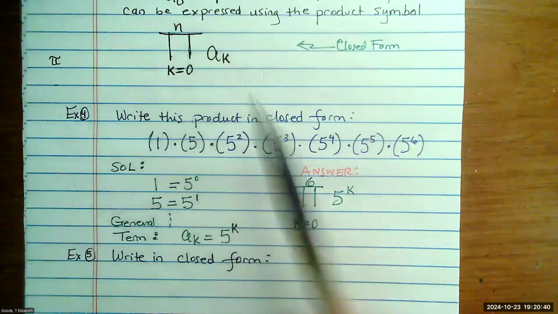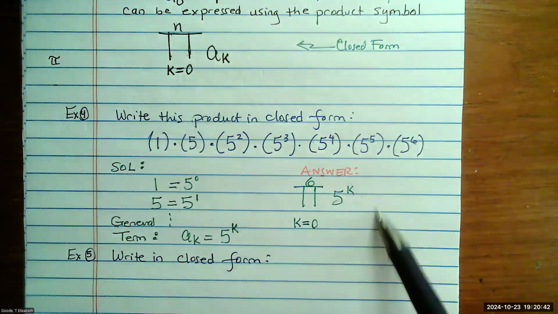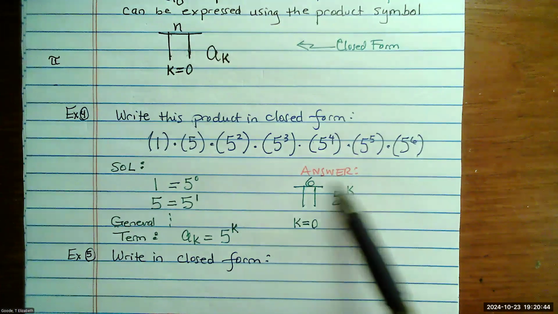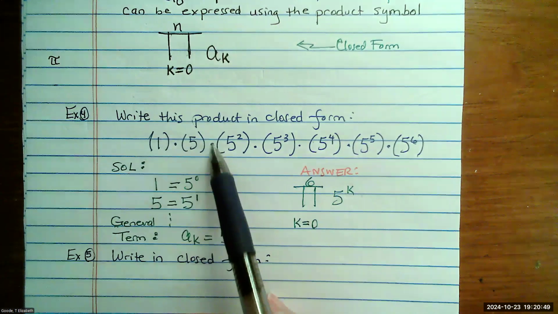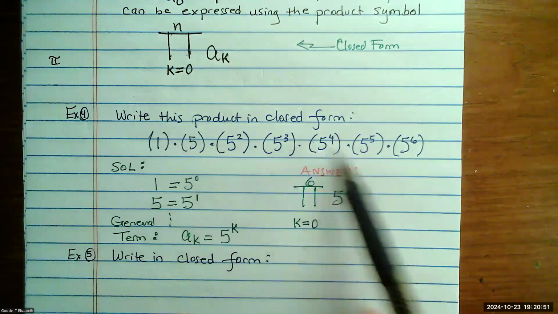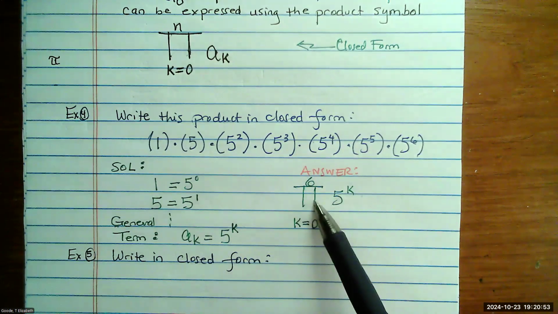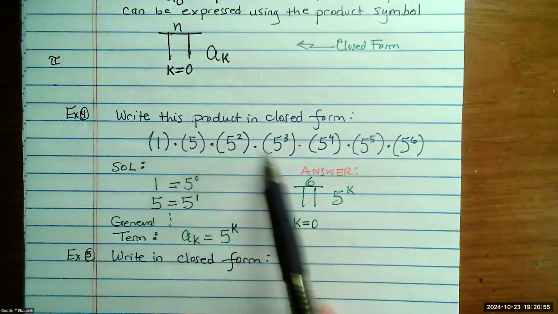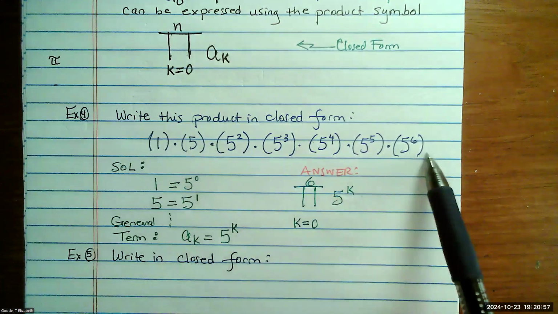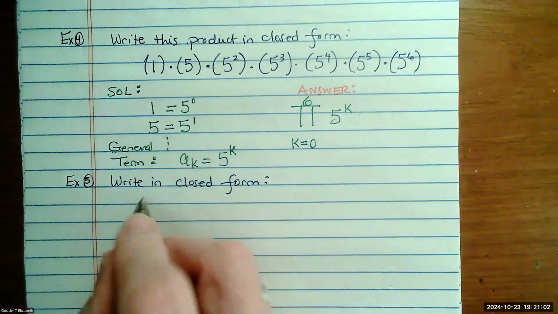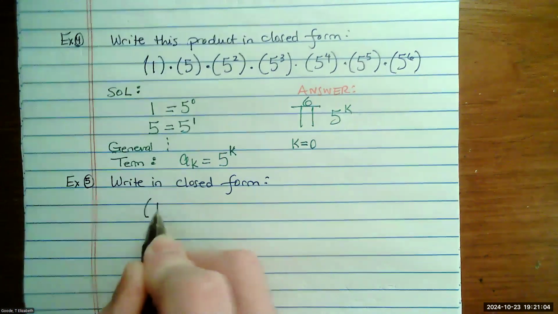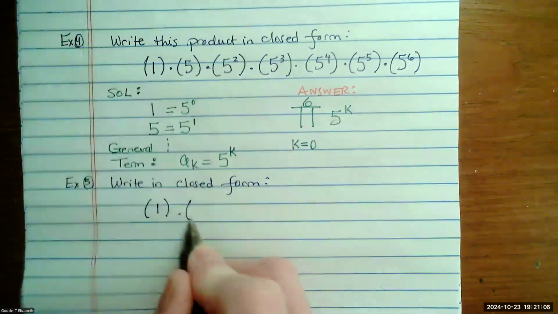If I give you a product in closed form like this, I'm just warning you, you'll accidentally put pluses in between. So you just got to pay attention. If it's the product symbol, you put the times symbol in between the terms. You'll see some of those on WebAssign, but let's just do one more, and then we're going to do some review.